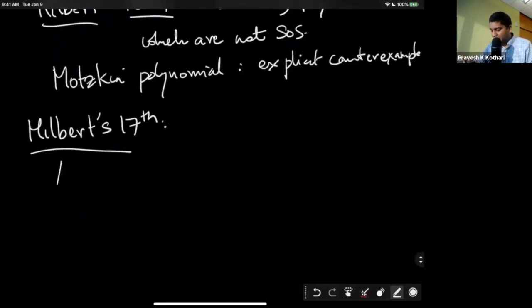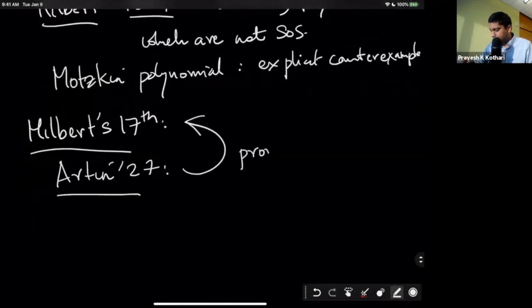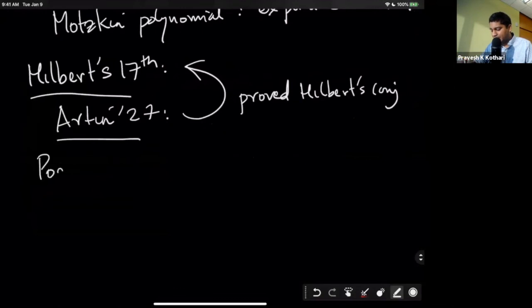It was actually one of the first few to be resolved. Artin in 1927 proved Hilbert's conjecture, or solved Hilbert's problem. In some sense, Artin's theorem is the very basic example of what is called a Positivstellensatz. I never get the pronunciation right.